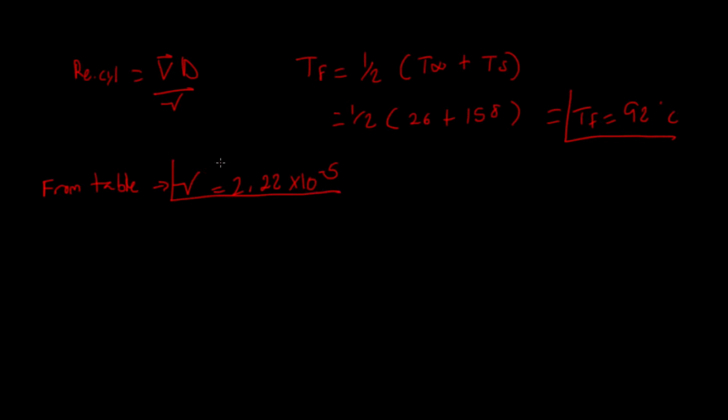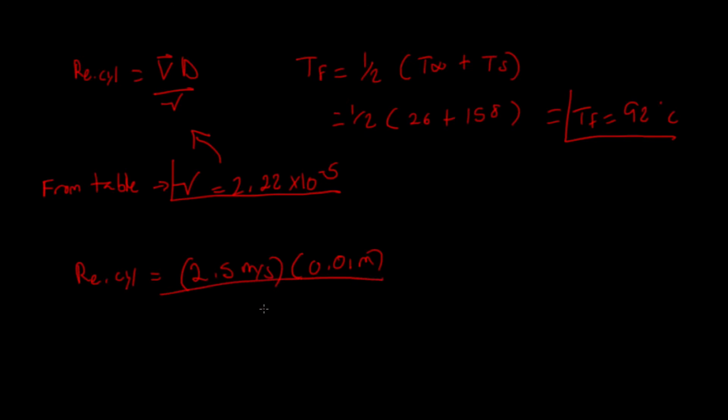Now we're going to plug that in here, because we have our velocity and we have our diameter, and we're going to get our Reynolds number. So let's do that. Re for a cylinder is equal to 2.5 meters per second times our diameter, which is 0.01 meters.